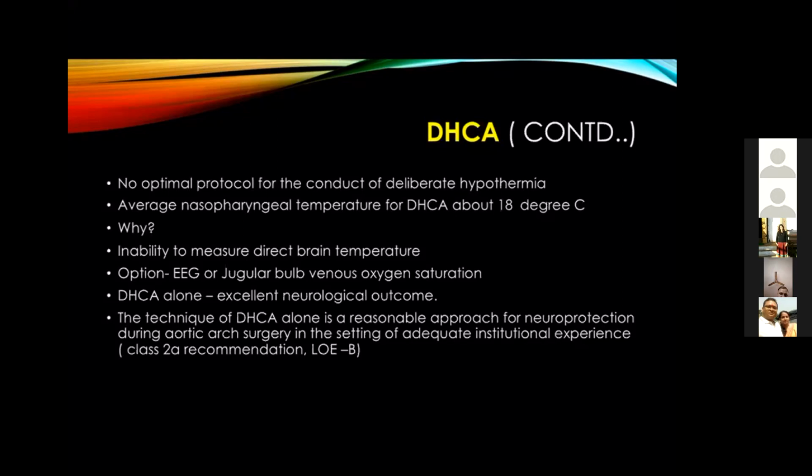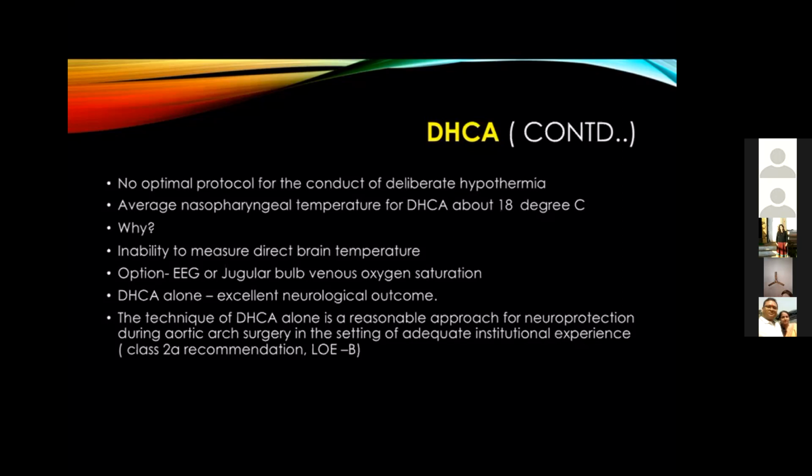First, the EEG or the jugular bulb venous oxygen saturation. And it has been seen that DHCA alone gives an excellent neurological outcome. And the technique of DHCA alone is a reasonable approach for neuroprotection during aortic arch surgery in the setting of adequate institutional experience. It is very important.